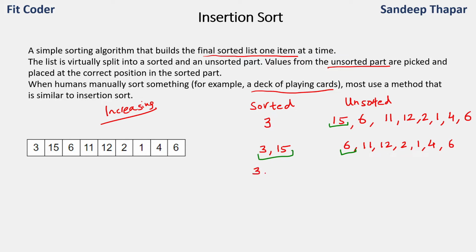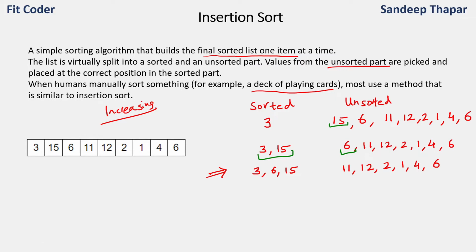The correct position of 6 is between 3 and 15. Now the unsorted part which remains is 11, 12, 2, 1, 4, 6. You can see that in each step we are adding one element to the sorted part. So we are building the sorted list one item at a time.